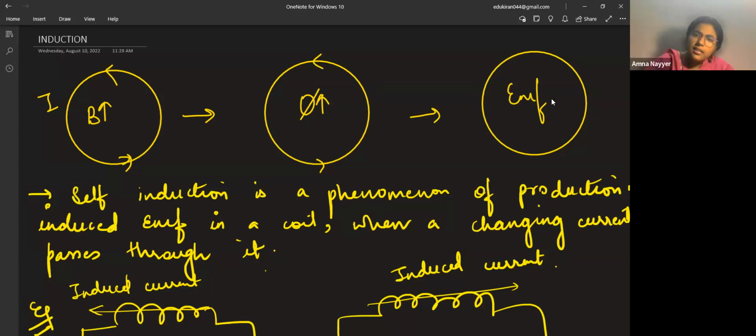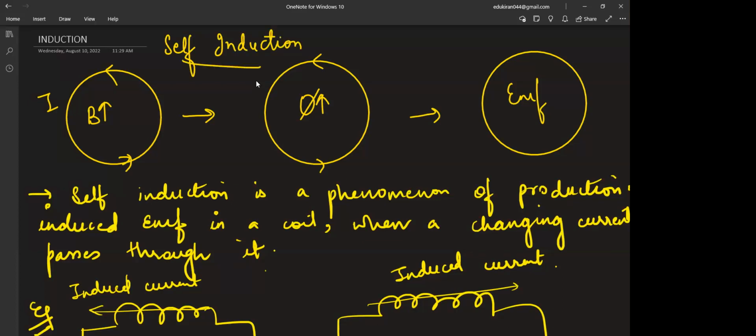So the magnetic field changed within the same coil, magnetic flux increased within the same coil, and EMF is also generated within that coil. So this phenomenon is what we call self-induction.